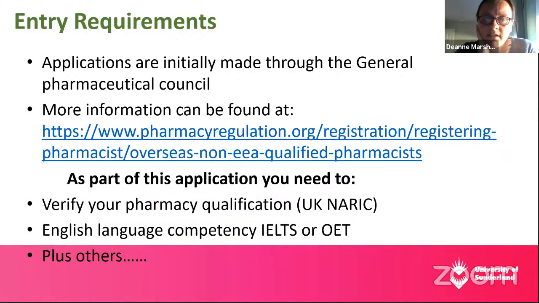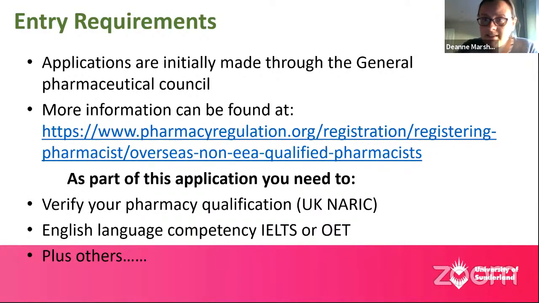You also have to have an English language competency. This can either be an IELTS or something called an OET. All of the information that you need is on this website. So your first port of call, probably, if you are thinking about doing AUSPAB, is to have a look here and see what you need to do, what paperwork and things like that.